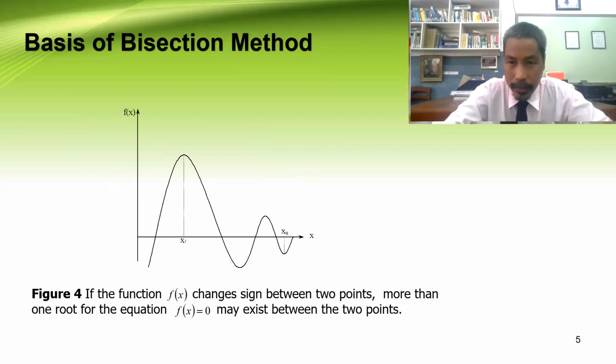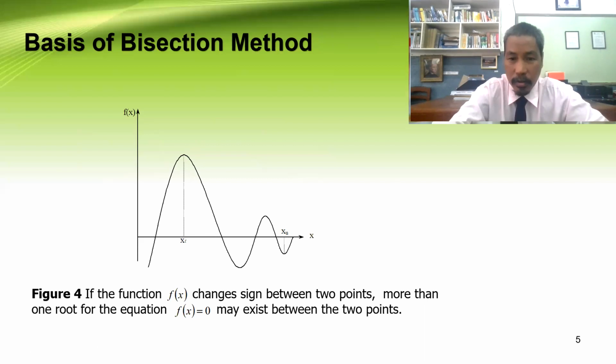That is the conclusion. Another case: if the function f(x) changes sign between 2 points. At xl, the function is positive. At xu, the function is negative. So the function changes its sign from positive to negative.